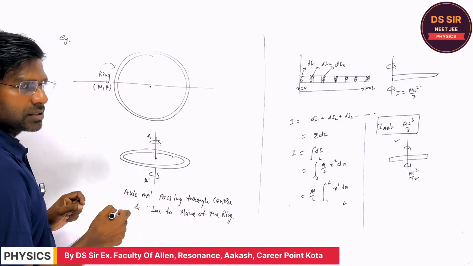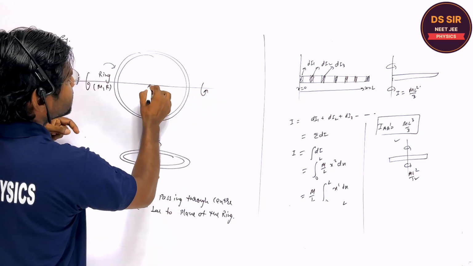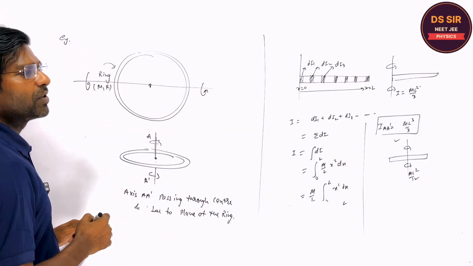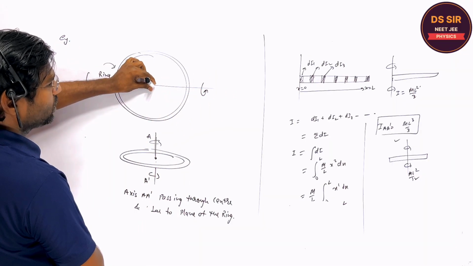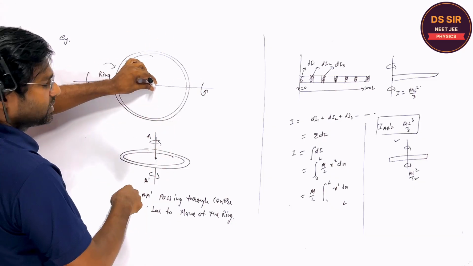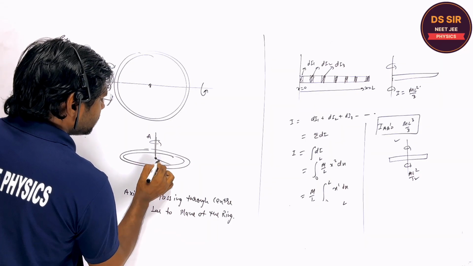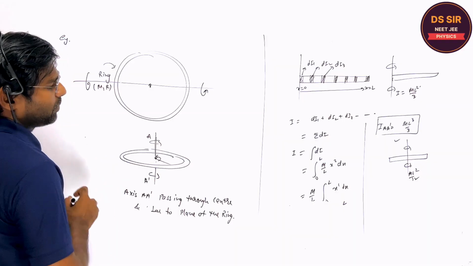This axis passes through the center but lies in the plane of the ring. But we have to find the moment of inertia when the axis of rotation is perpendicular to the plane of the ring, and the ring is rotating like this.